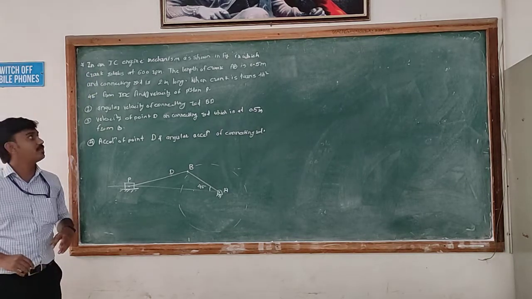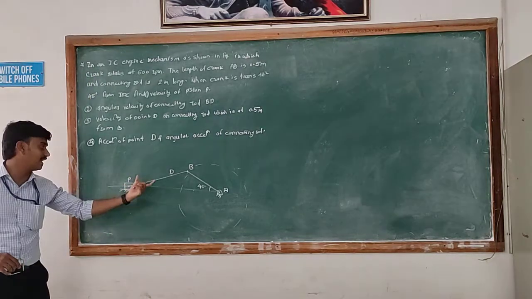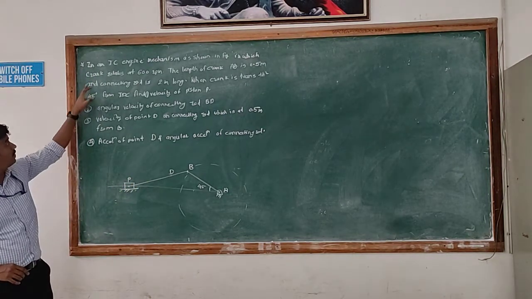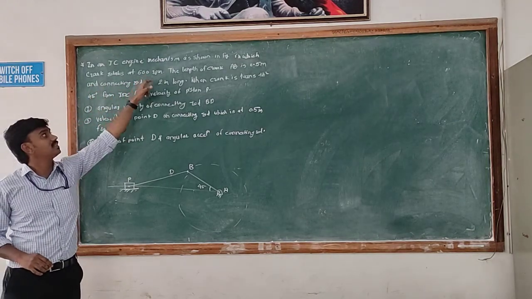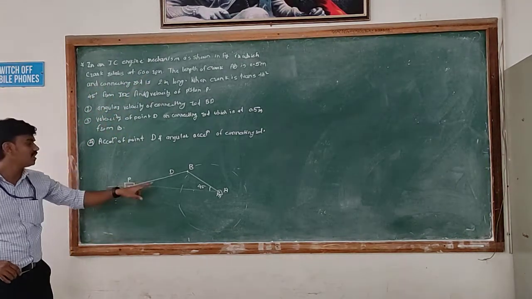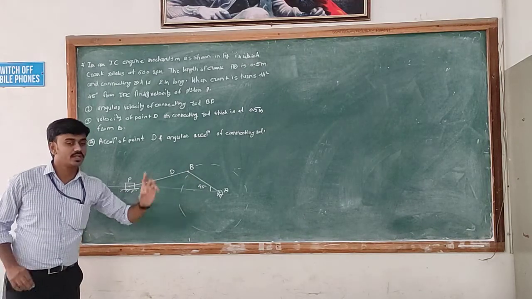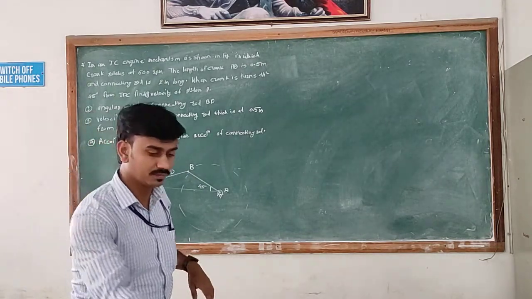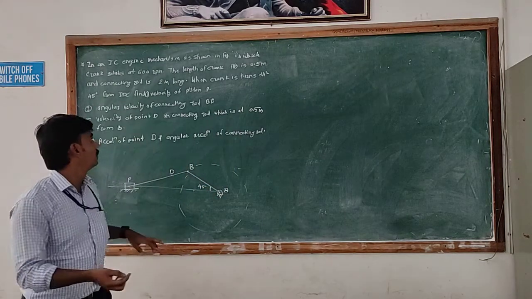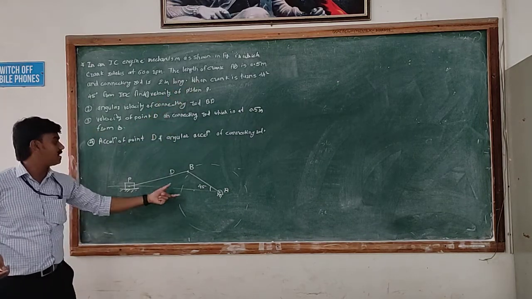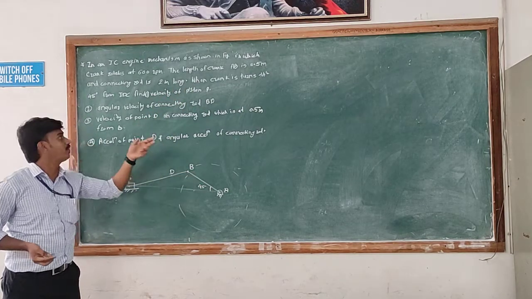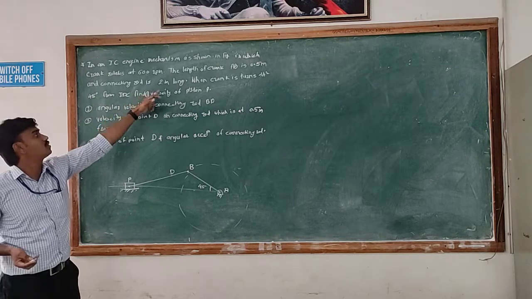In an IC engine mechanism as shown in the figure, in which the crank rotates at 600 rpm. Here this is the crank AB which is rotated at 600 rpm. The length of the crank AB is 0.5 meter and the connecting rod is 2 meter long.